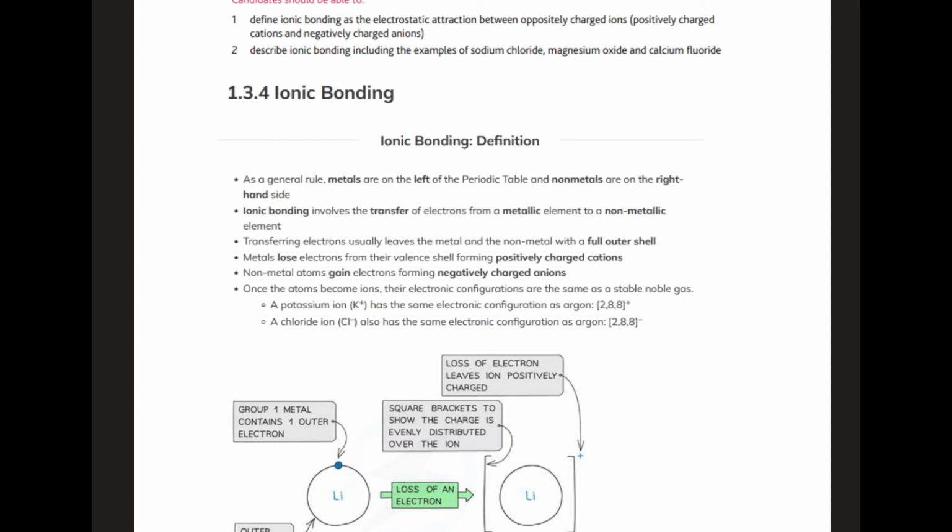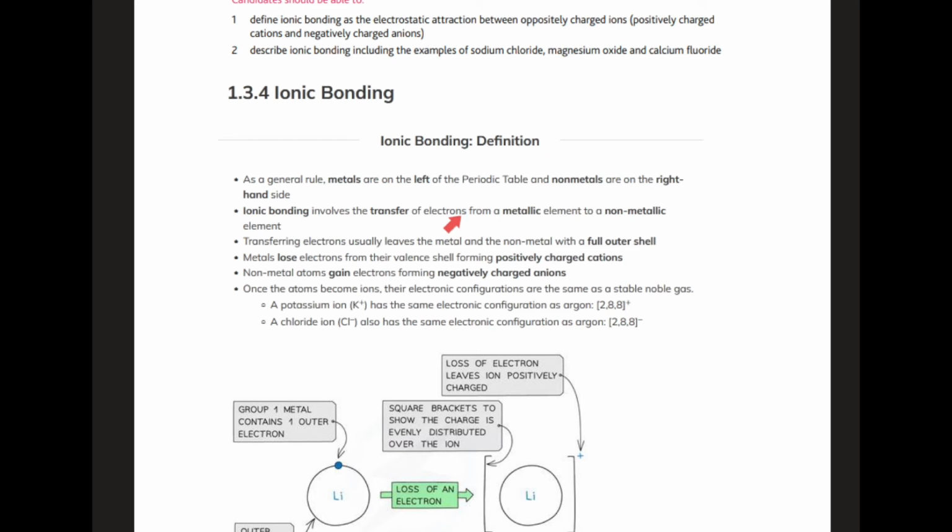Ionic bonding definition. As a general rule, metals are on the left of the periodic table and non-metals are on the right hand side. That is the general rule in the periodic table. Ionic bonding involves the transfer of electrons from a metallic element to a non-metallic element.